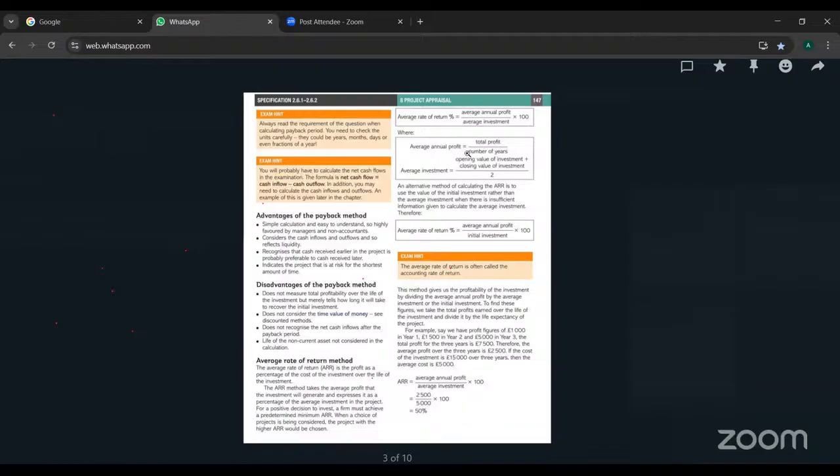Total profit divided by number of years. Number of years means for how many years they have given the profit. I told until year 5 they have given the profit, right? So total profit divided by 5. After that, that answer you have to put it here as average annual profit. Okay. Look at this average rate of return. Hold on.